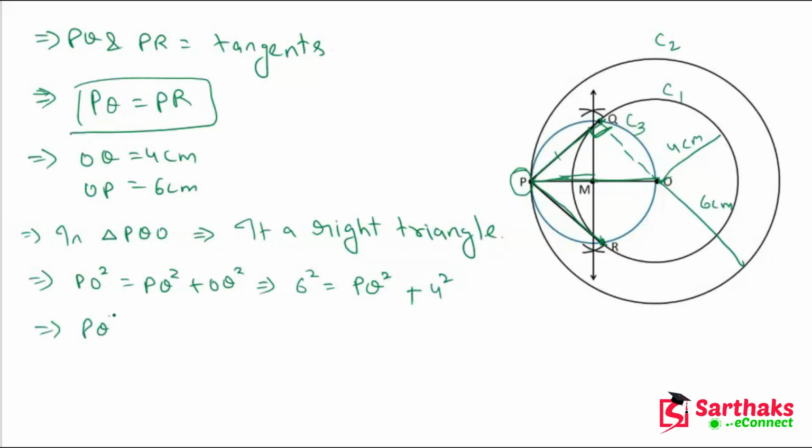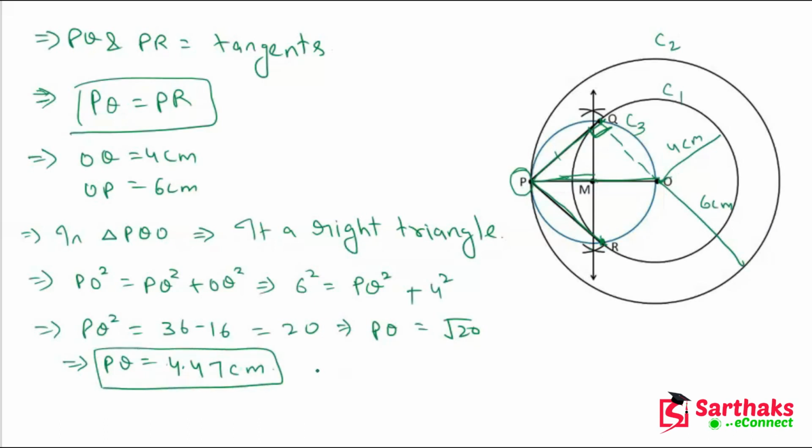So PQ square is equal to 36 minus 16, which becomes 20. Now PQ is equal to under root 20. If we solve this, we get 4.47 centimeter.